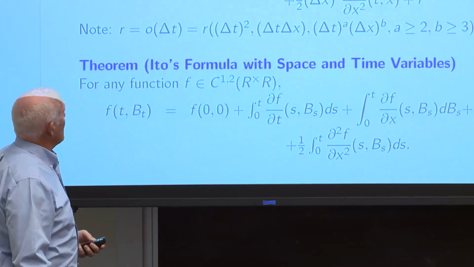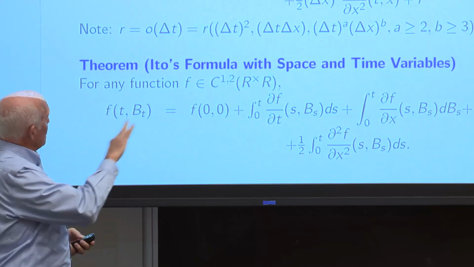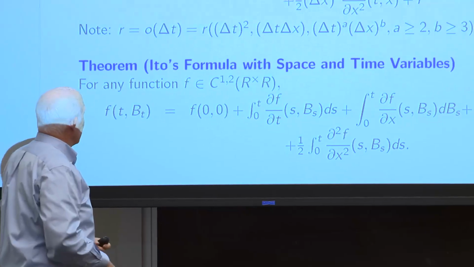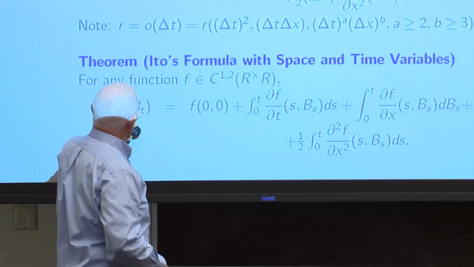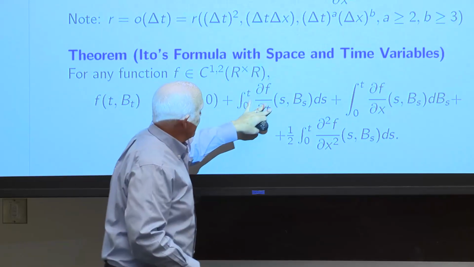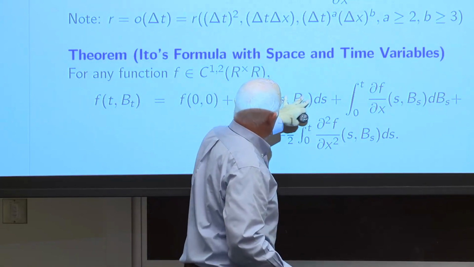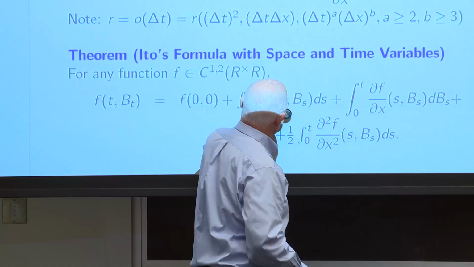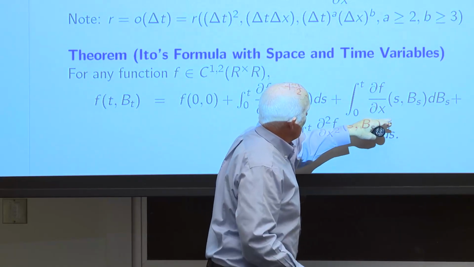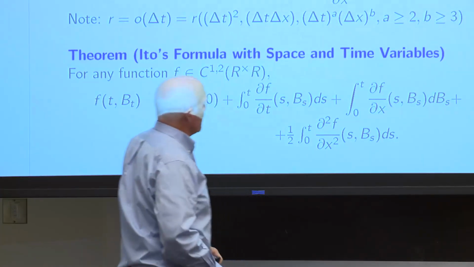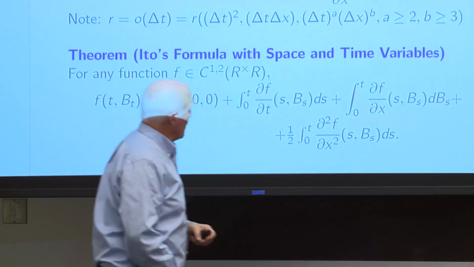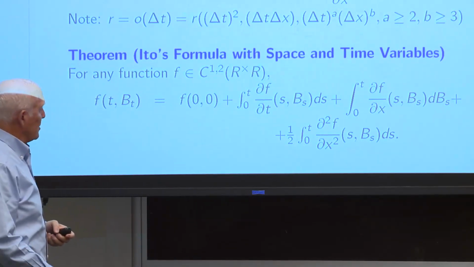And with this second order Taylor approximation, we're able to derive that the function f of t, bt is equal to the initial value plus an integral over time of a function of the Brownian motion ds, plus an integral over increments of the Brownian motion, plus 1/2 this integral of the second partial of f with respect to x squared.